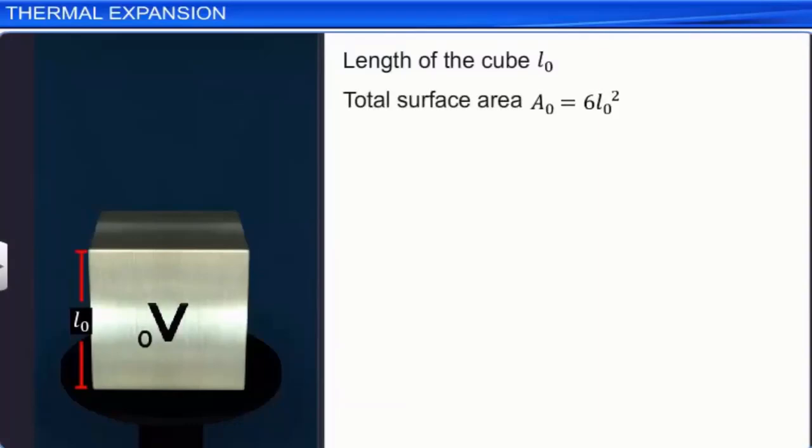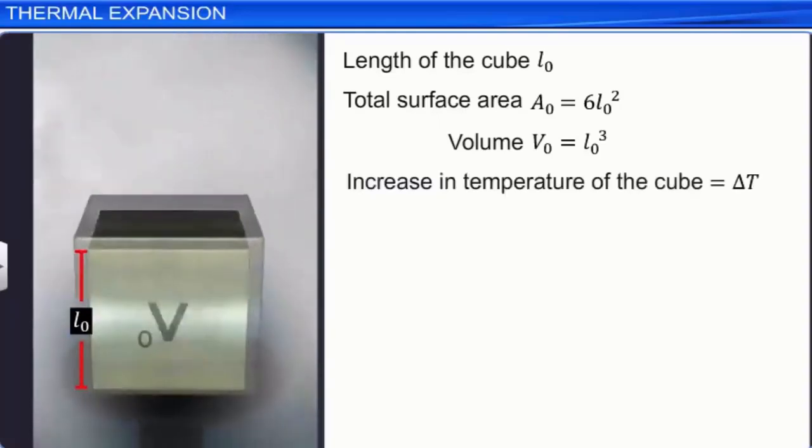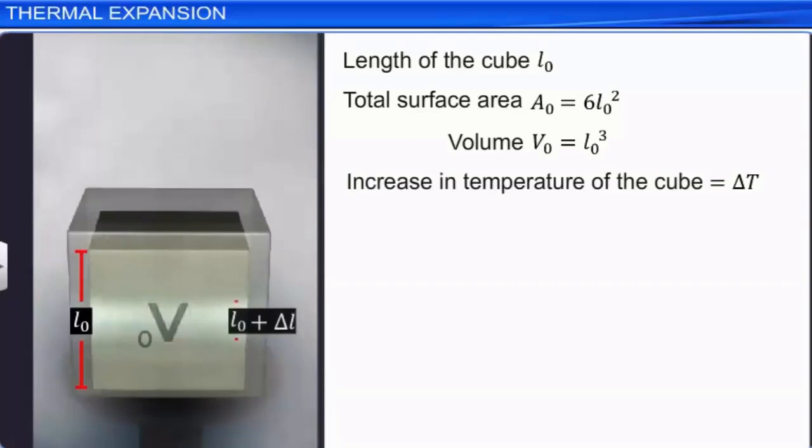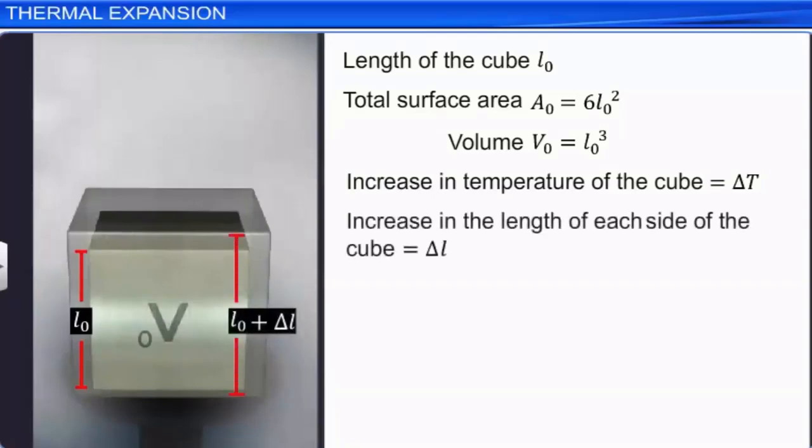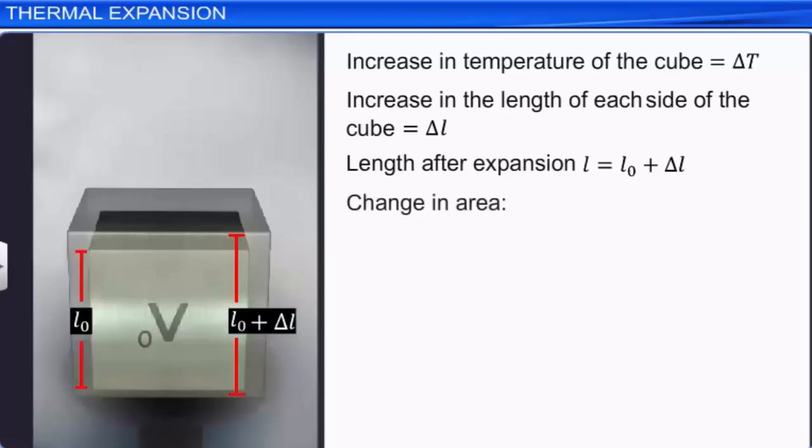Its total surface area A naught is equal to 6 L naught square and its volume V naught is equal to L naught cube. When the temperature of the cube is increased by delta T, let the length of each side increase by delta L. Therefore, the length of the side after expansion, L, equals L naught plus delta L. Change in area, delta A, equals 6 into (L naught plus delta L) whole square minus 6 L naught square.